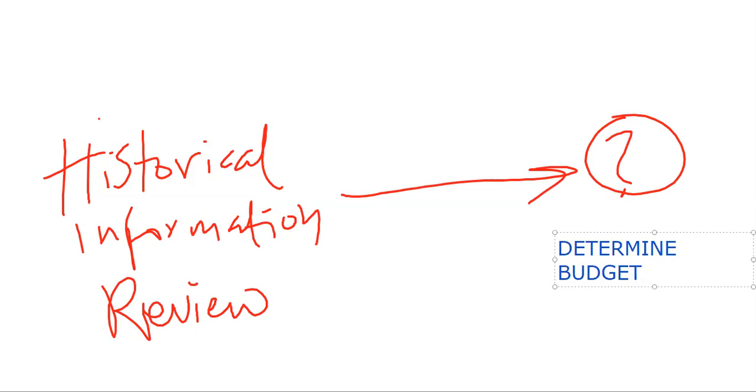Historical information review involves taking a look at what has happened on previous projects, taking a look at this historical information to determine and decipher if the budget that you have put together is really viable based on what you know about the work, the nature of work from previous projects you might have worked on.